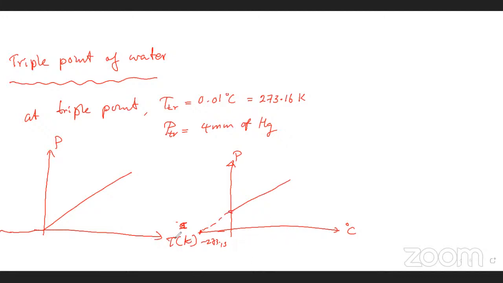If you draw this graph, because this is starting from 0 in Kelvin, the 0.01 is, let's say, somewhere here, that is the triple point. So this pressure of about 4 millimeters of mercury is the pressure corresponding to the triple point.